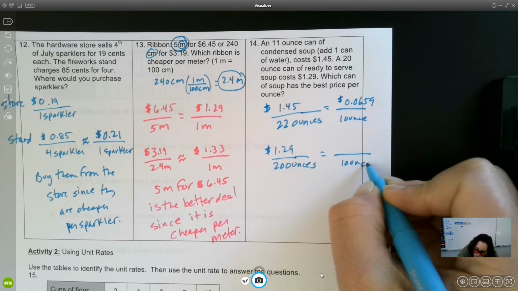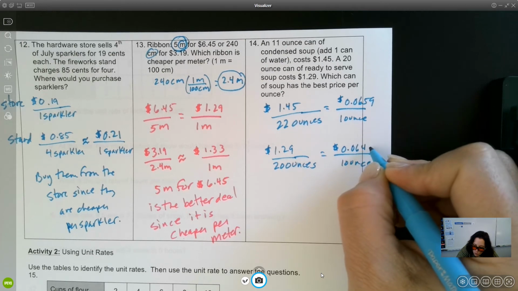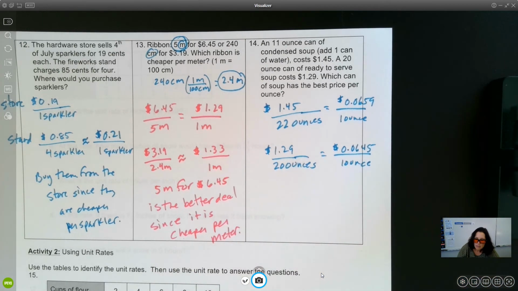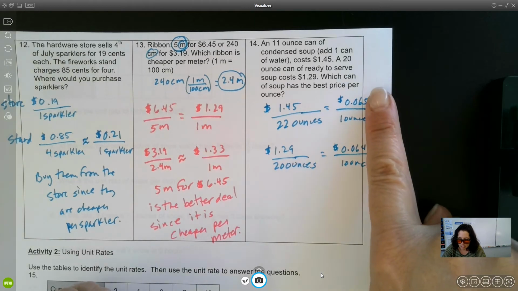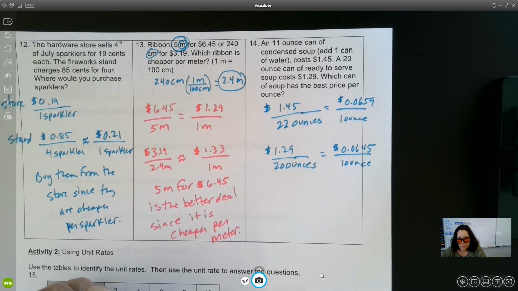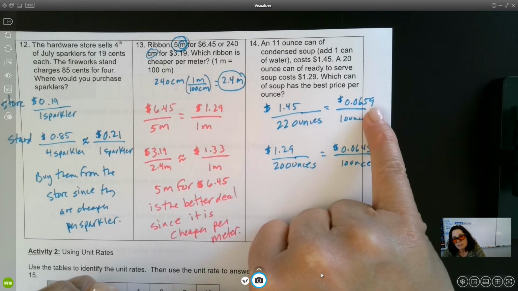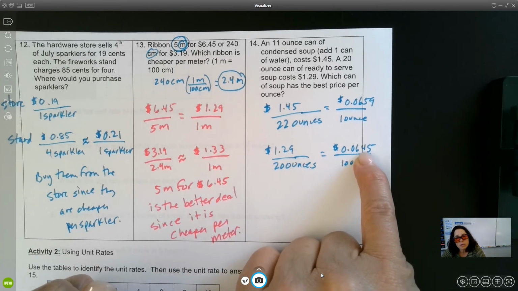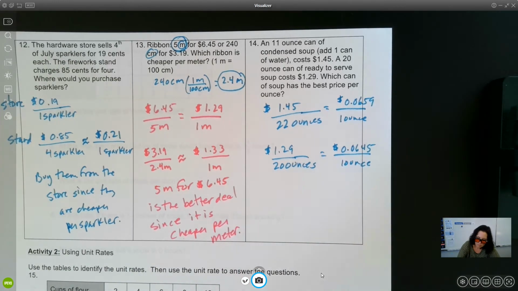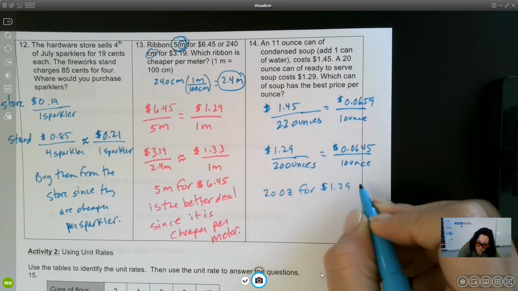For 1 ounce of this, it comes out to be 0.0645. Okay, now money per ounce, we want the cheaper one. Okay, now if you didn't carry all these digits, they would look like they're the same, 6 cents an ounce, but that's not true. Okay, this one's cheaper because it's 6 cents. It's with the 45 and this has the 59. This is the smaller number. Okay, so 20 ounces for $1.29 is the better buy.